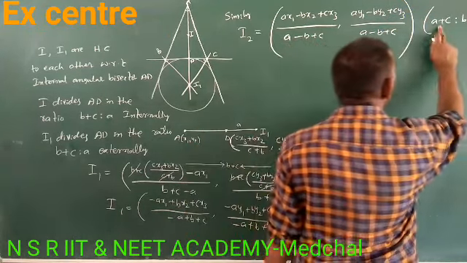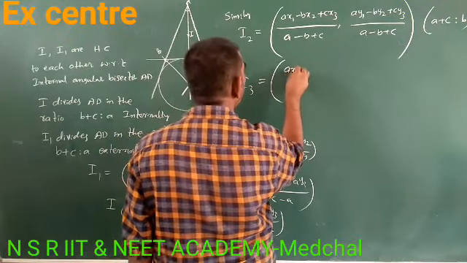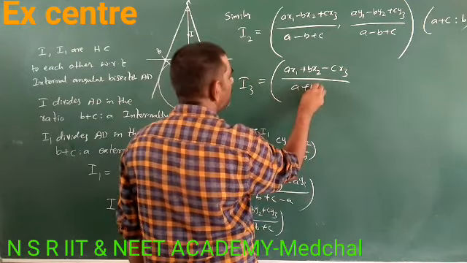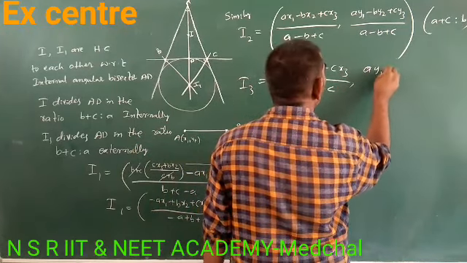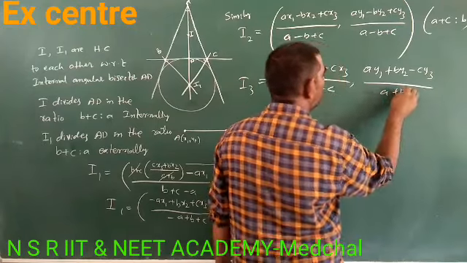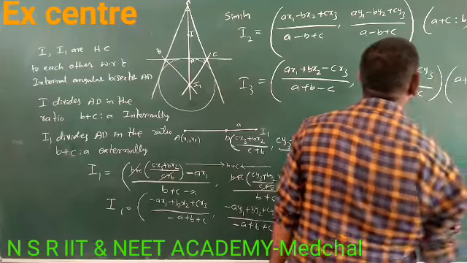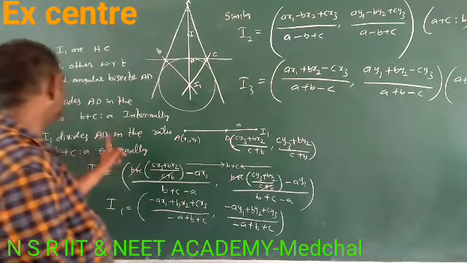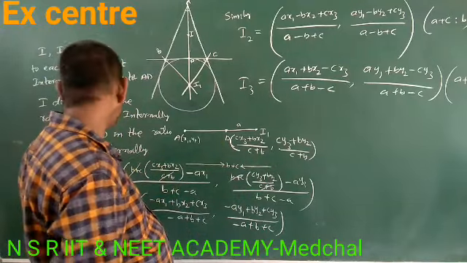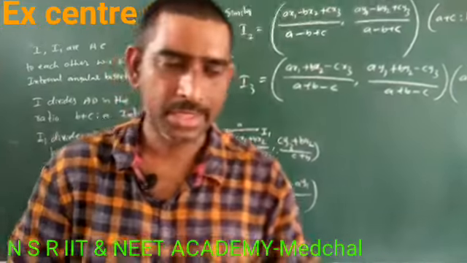Similarly I3 is (A x1 plus B x2 minus C x3) by (A plus B minus C), and (A y1 plus B y2 minus C y3) by (A plus B minus C). Here the ratio is A plus B is to C. So we have 3 excenters I1, I2 and I3. So this is about the excenter.